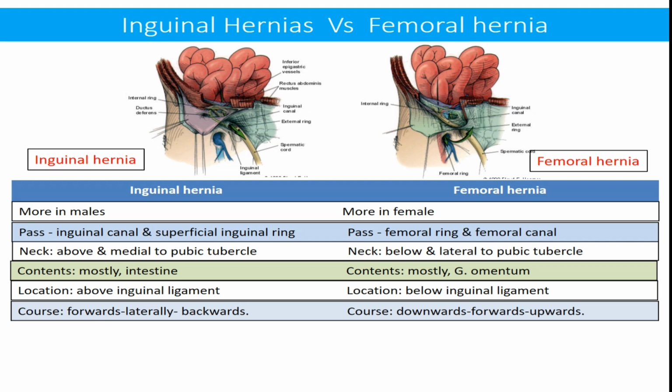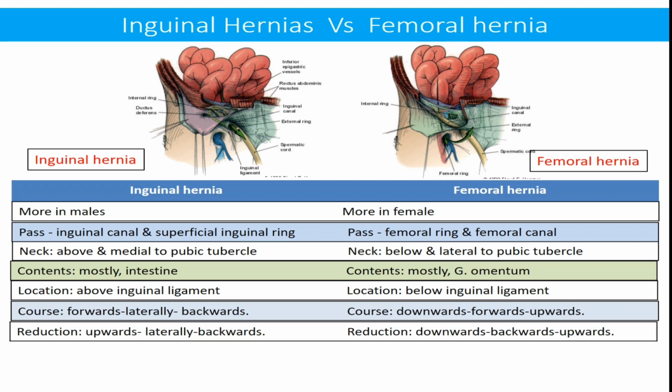As regards the course, inguinal hernia passes forward, laterally, and backward, whereas the femoral hernia passes downward, forward, and upward. Hence, the direction of the reduction in case of inguinal hernia is upward, laterally, and backward pressure, whereas in case of femoral hernia reduction, pressure is applied downwards, backward, and in upward direction.